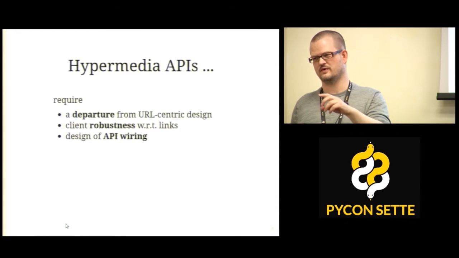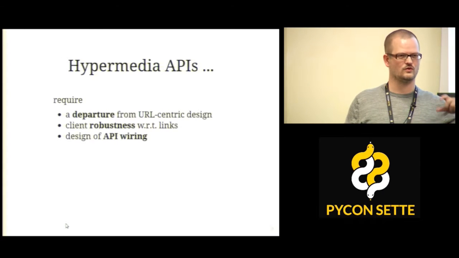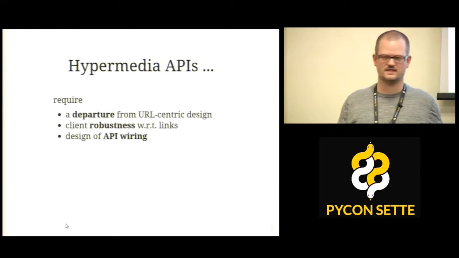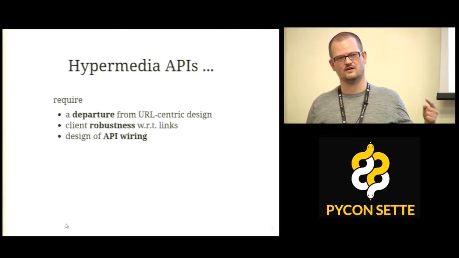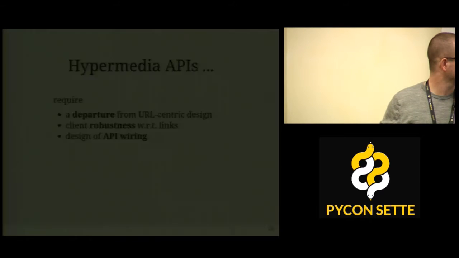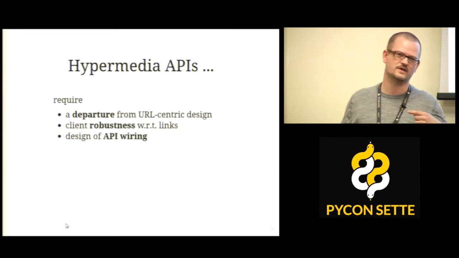So profiles are a way of giving the server control over what the client will show. And it means that you need to think about how the API is wired together, how to reach certain resources, making sure that the client doesn't need to do too many requests.